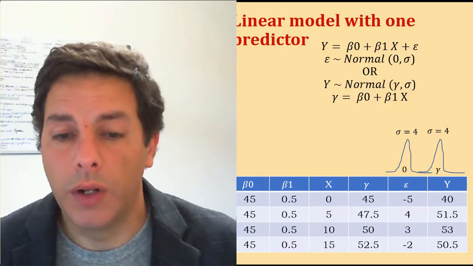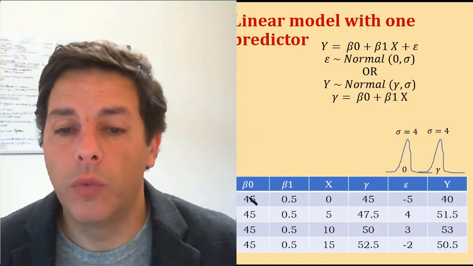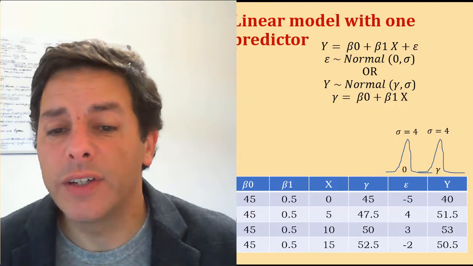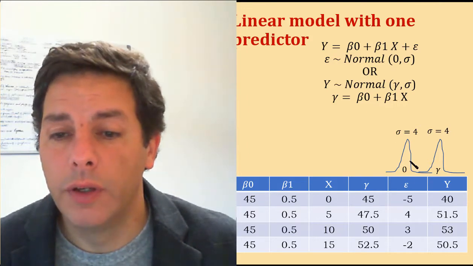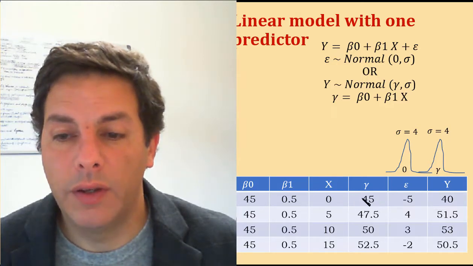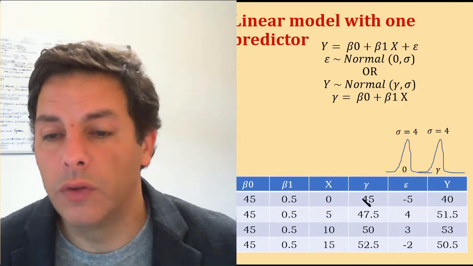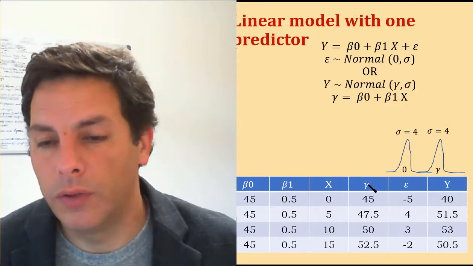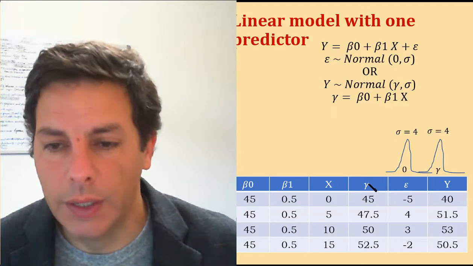What's the intercept? Well, that's the value of variable y that is expected if the value of the variable x is 0. So we can see it here in sigma. If x is 0, the expected value is, sorry, not sigma. This is gamma, not sigma.